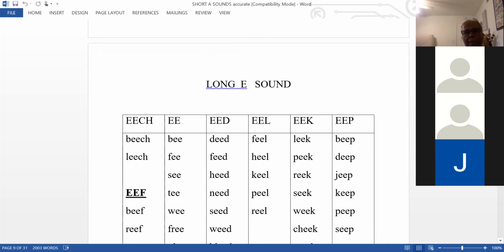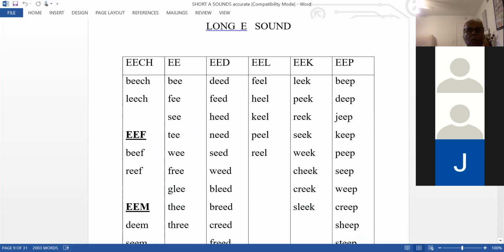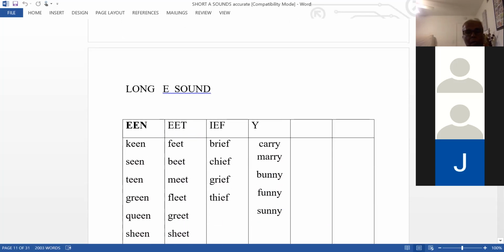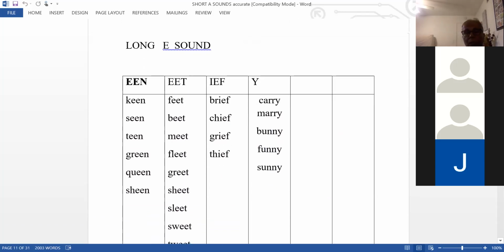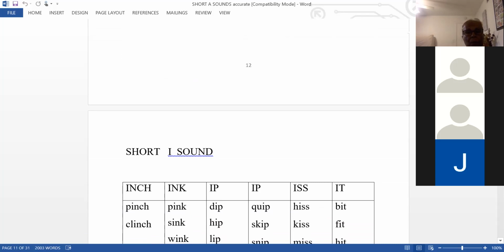But not 5-year-olds, 7-year-olds, 8-year-olds. I was doing this with them. Long E, and these are all of it. So you go and do all of them with the children. I am not saying you have to do this with the 5- and 6-year-olds, but as they grow up, you will have the booklet. Keep it as gold, and you'll be able to teach your child from it.